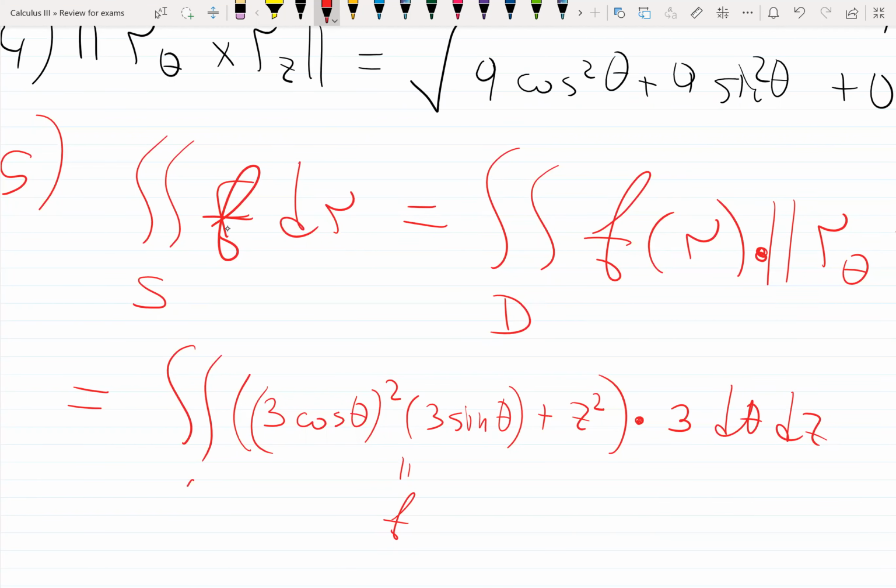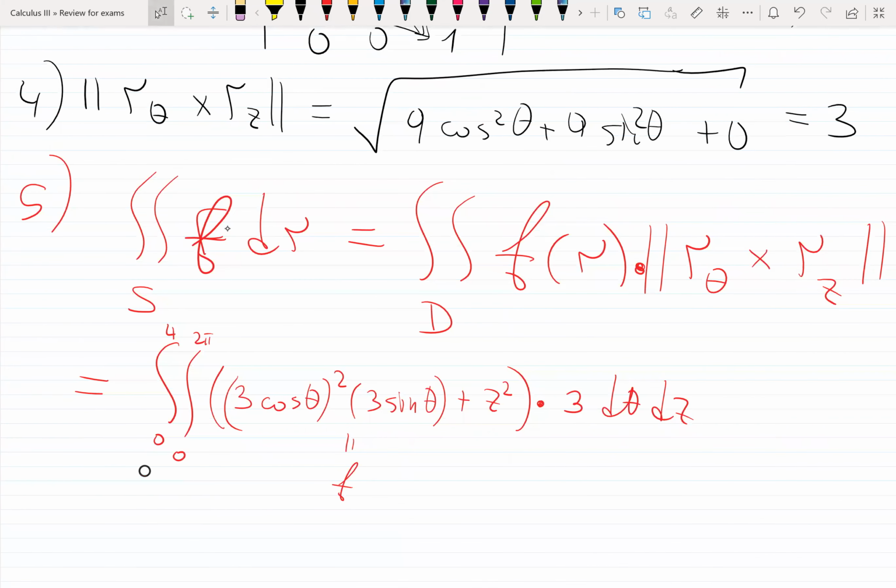Theta is spinning from 0 to pi. Z is cut from 0 to 4. And there was a number outside? Oh yeah, there was. That's what I could not see. It was a number. It doesn't matter. Okay, and then you just integrate. And you get a number.